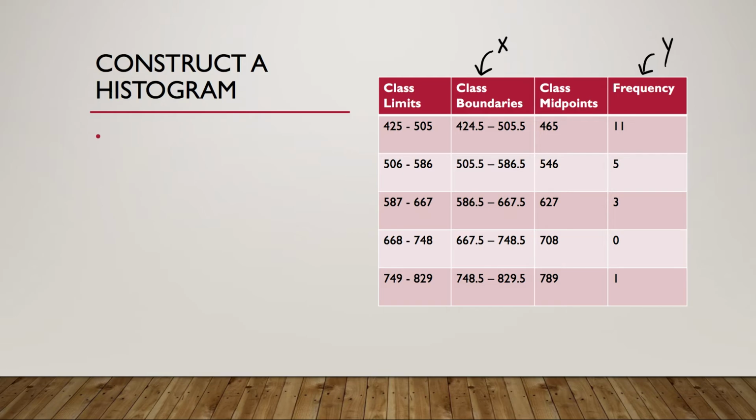All right, so I'm going to go ahead and draw my x and y axis. All right, I'm going to mark my boundaries off. Again, there's going to be 6 tick marks. And we'll write our boundaries underneath. So starting with 424.5.